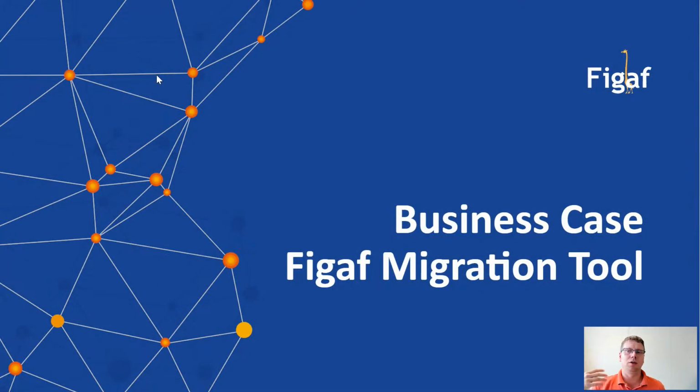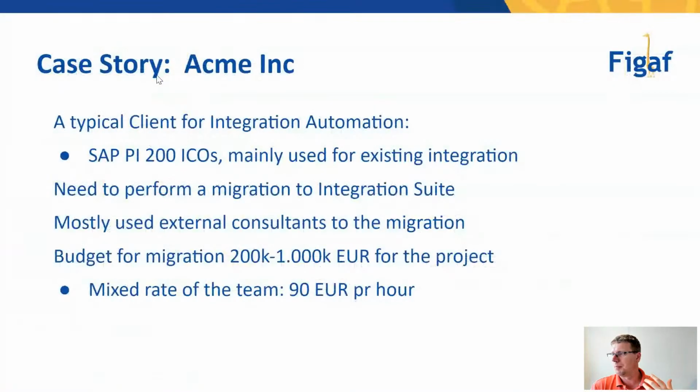One of the other things we can also look at is the migration tool, and I don't know if that is where you are at the moment. But here we say, okay, I think most of the customers have about 200 ICOs that they need to migrate.